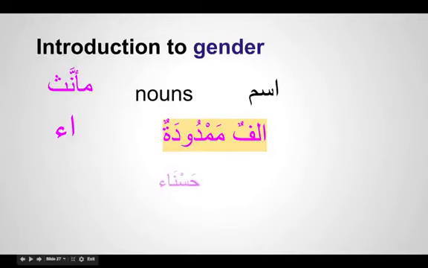So when you see this combination at the end of a noun, then we know that it is a feminine word. Like Hasanun, say feminine, we call Hasna'u, Zarqa'u. So these are feminine words.